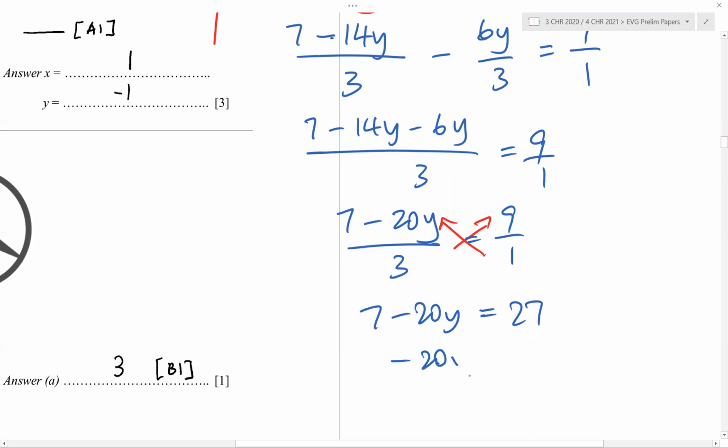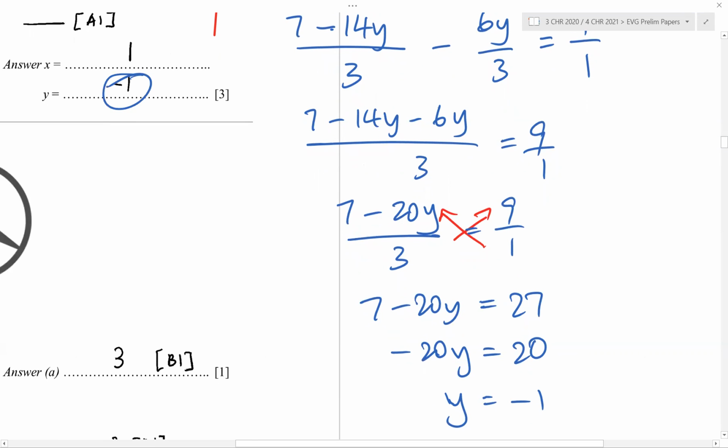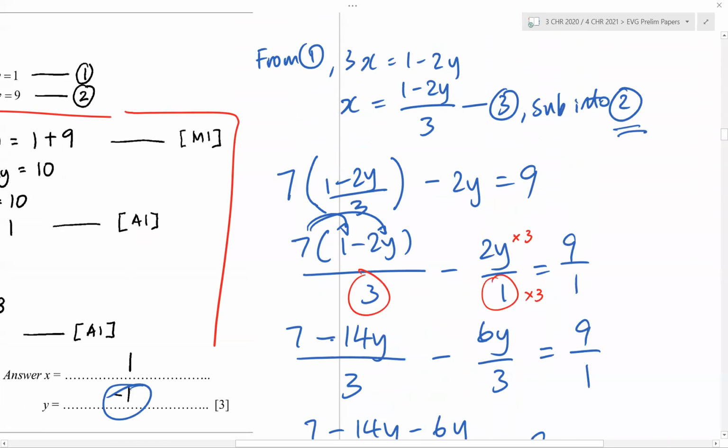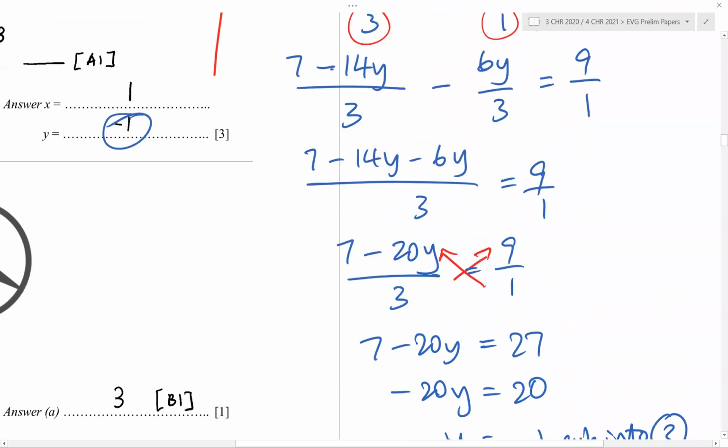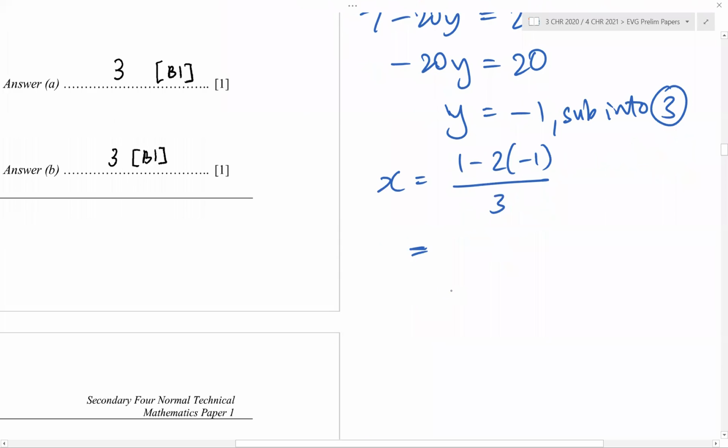So negative 20y equals 27 minus 7, which is 20. y is negative 1. Okay, sub into 3. Early on, what was your 3? x equals 1 minus 2y over 3. 1 plus 2 is 3, 3 over 3 is 1.